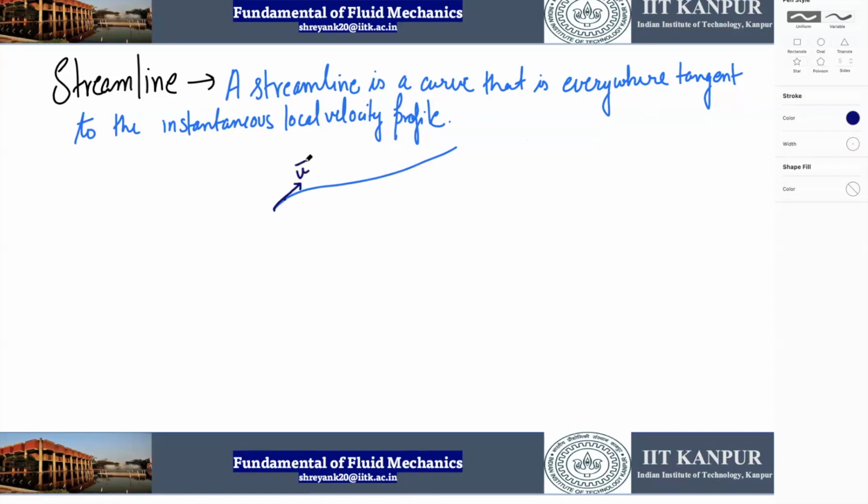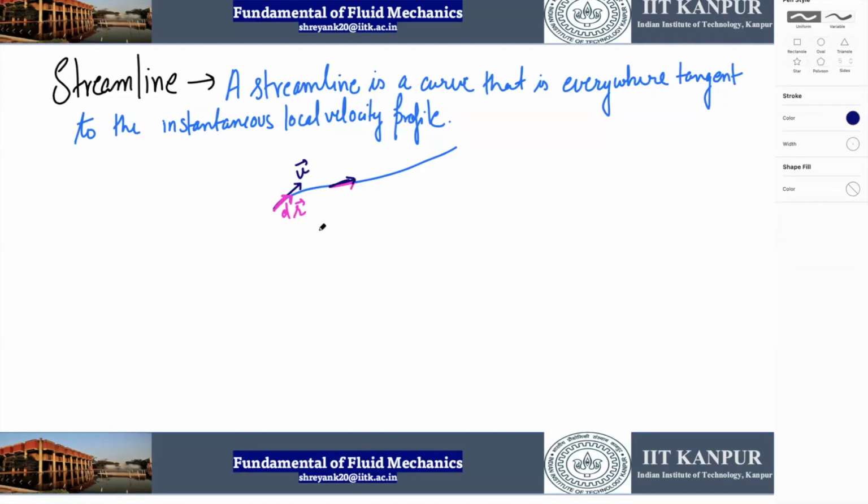So basically, it is tangent to this. This is my streamline, let's say dr, and here is the velocity vector, and the streamline is tangent to the velocity vector.